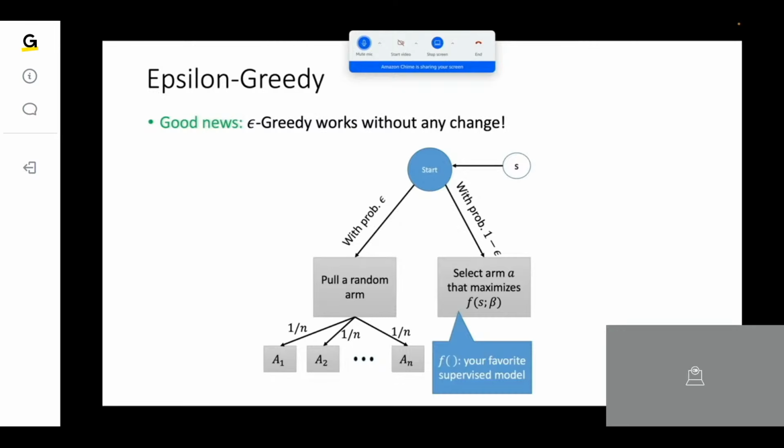Just like in the multi-arm setup, we have an explore step which remains unchanged. In the exploit part, we now have a model which takes in the context information and determines the arm that maximizes the objective, right? And it can be any supervised model of our choice.